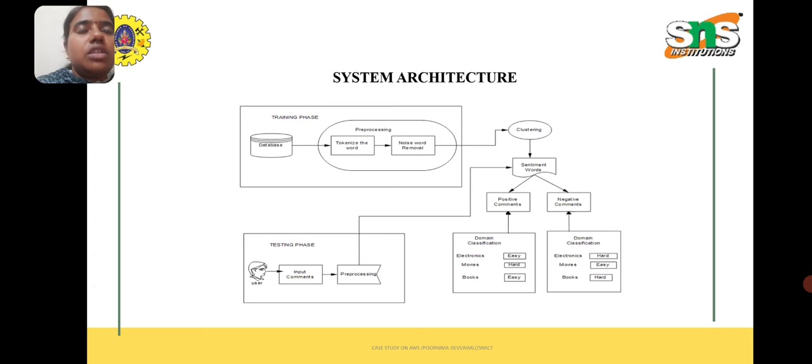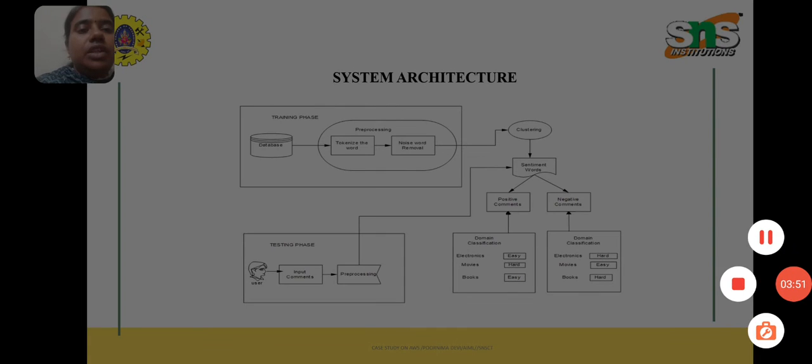The extra, unwanted words and noise were removed from the system, and all the words are clustered together. All the words were clustered differently, and sentiment words were differentiated. So, positive comments are listed into one group, and negative comments are listed into another.